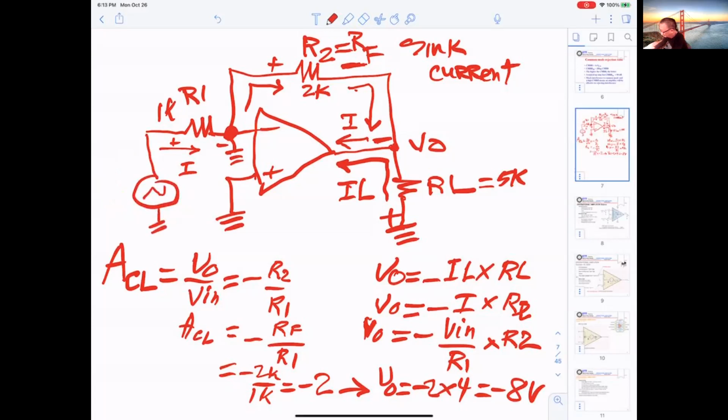Okay, I can say V in equal 5 volt peak to peak. What do we have? If I change to a sine wave AC signal, 5 volt peak to peak, what is V out?